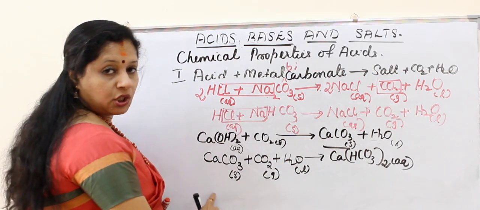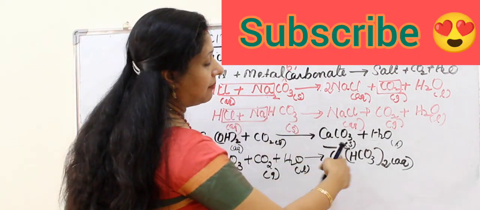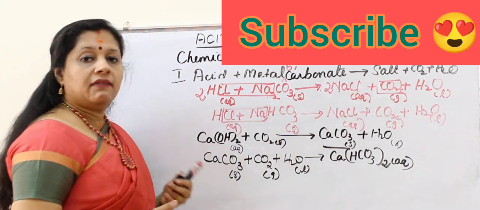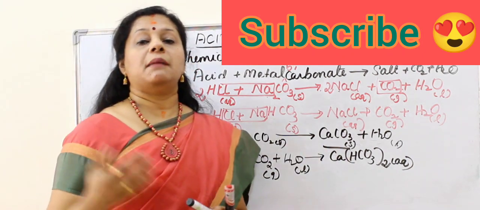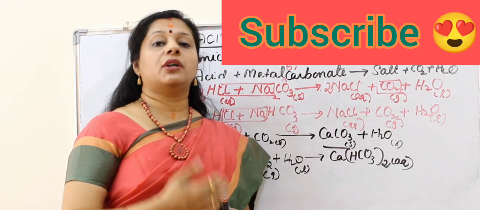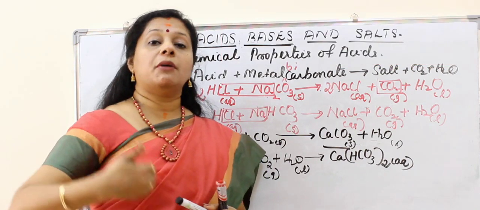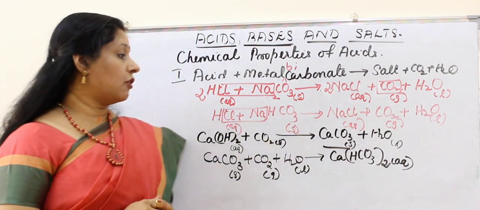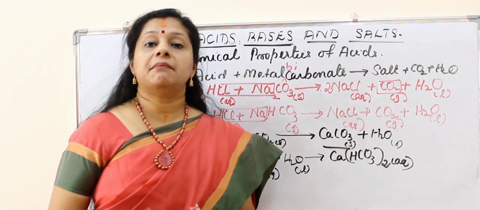But when we passed it through the aqueous solution, it became aqueous, meaning it is soluble. Once it starts dissolving, we will not see that white color. So while passing carbon dioxide through lime water, it turns milky first, but on passing excess carbon dioxide, it will turn colorless again due to the formation of soluble calcium bicarbonate.